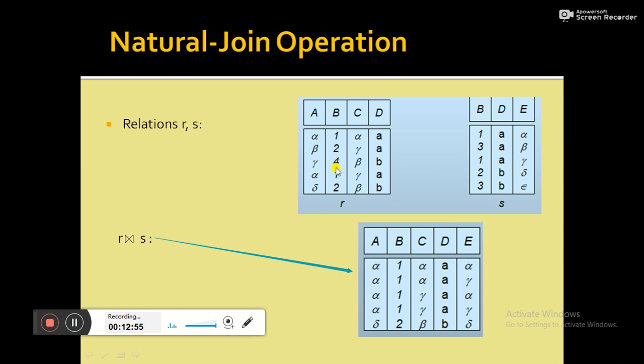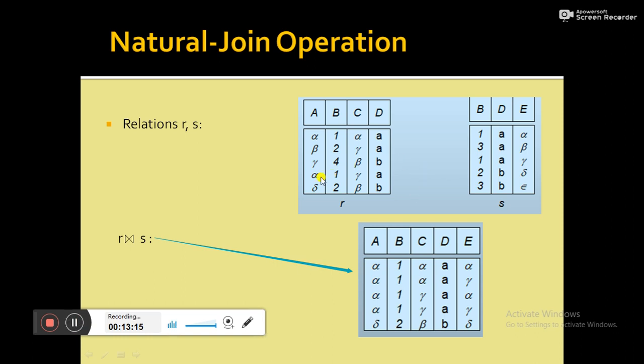Here the common attribute value is 4B, not same. Second, 3A, this is 4B, not same. 1A, and here 4B, not same. 2B is not same, 3B is not same. So gamma 4 beta B is not going to be present over here.